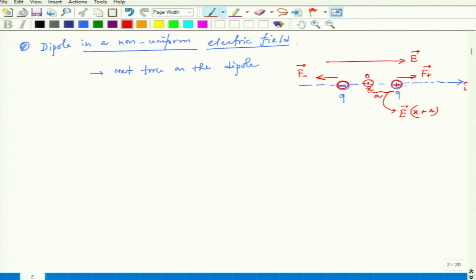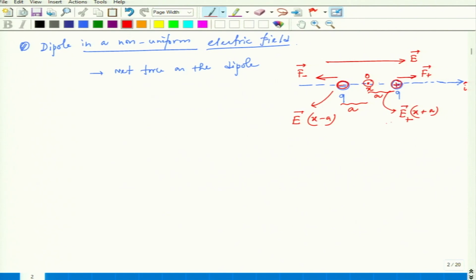The plus q charge is placed at a distance a from x, and the minus q charge is also at distance a. At the position of the plus q charge, the electric field vector is E(x + a), which depends on the distance, and at the minus q charge it is E(x - a).